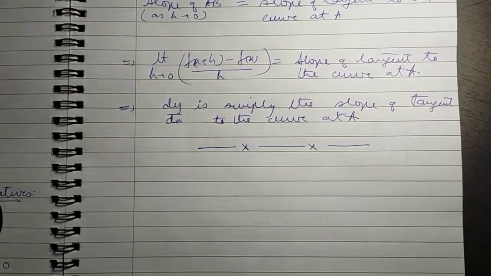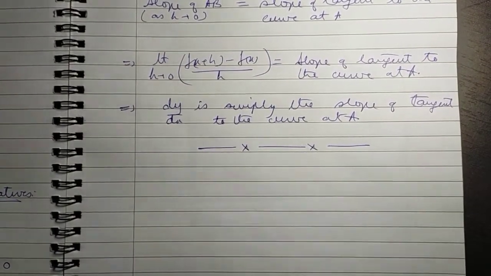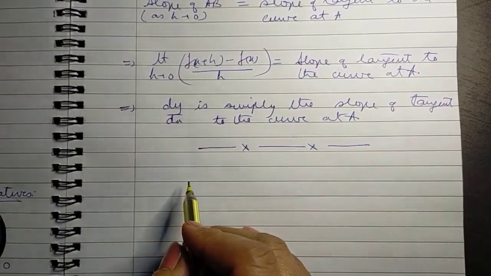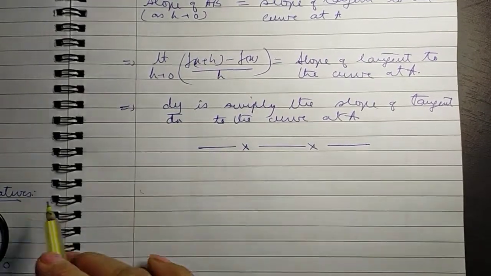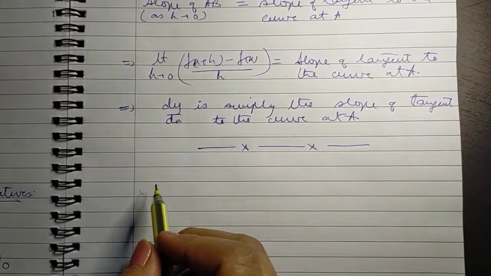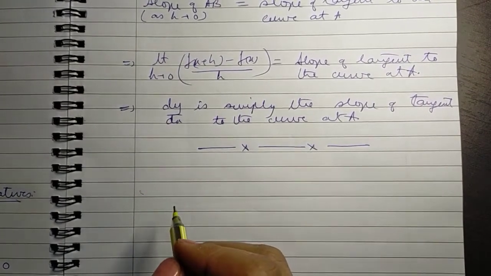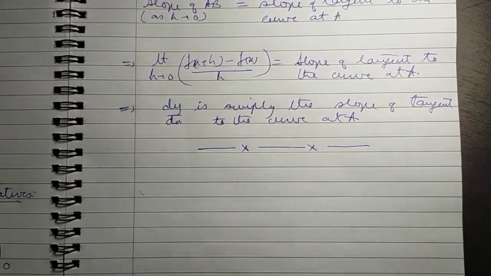Similarly, we will find other results also which can be used directly when they come in the questions. However, there are some questions which will definitely ask you to do it by the basic principle. Basic principle means doing it by the basic definition of derivatives, so you need to know the procedure very well.